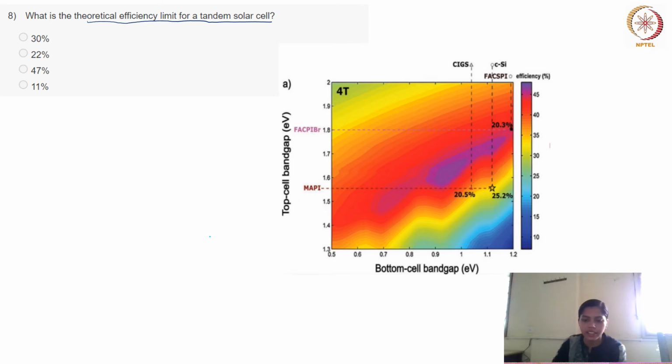You can write your answer in the chat box.